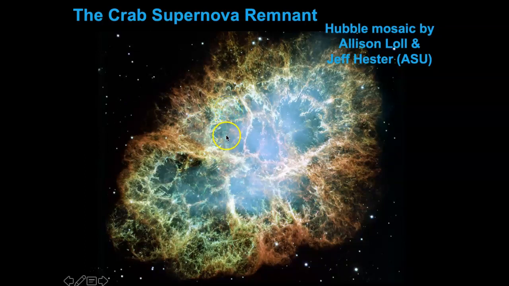You can kinda, sorta, almost make out the neutron star. One of these little specks, I think it's that one, but it's one of these little specks of light in the very center of the nebula. That's the neutron star. That's the leftover core after the rest of the star got blown away.